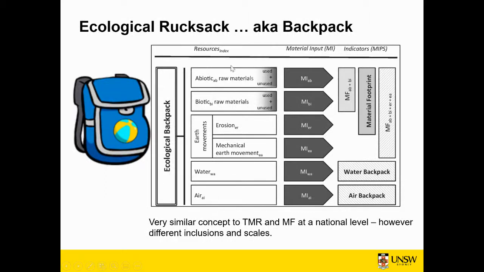So here's just a breakdown of the different materials that are required. Here we have raw materials, abiotic and biotic raw materials, used and unused. But these are still the ones that go into the economy. So this would be similar to a raw material equivalent.